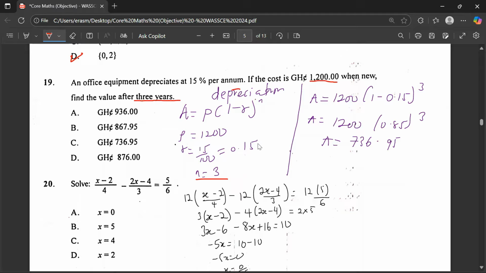So we are going to put it in the formula. And so that is A equals 1,200 times 1 minus 0.15 cubed. If you compute using the calculator, you are going to have 736.95. And the right option is option C.